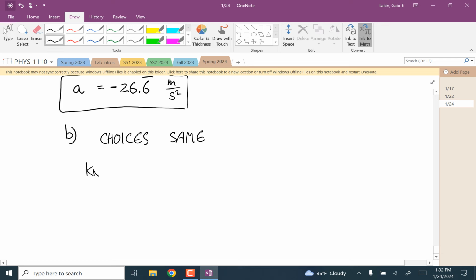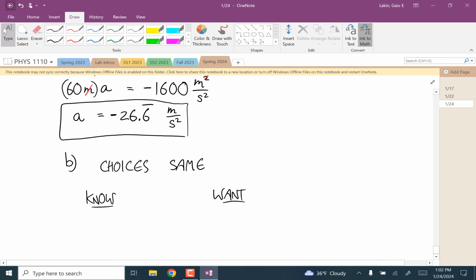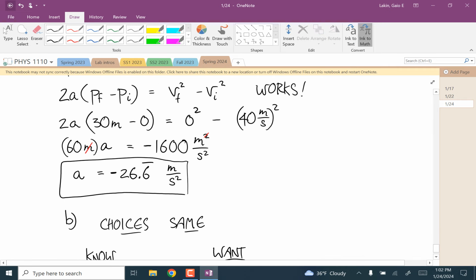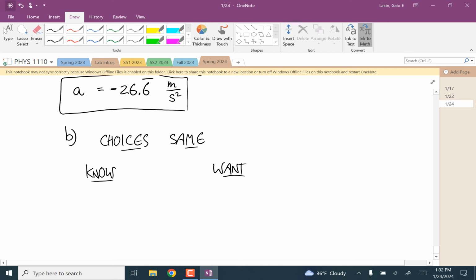So all of those 4 choices are going to stay the same. And so now we can think about what we know and what we want. If your choices are the same, then any variables that you know stay the same. So anything that we knew above here, we can put in the known column. And we just calculated the acceleration, so we know that the acceleration is negative 26.6 repeating meters per second squared.